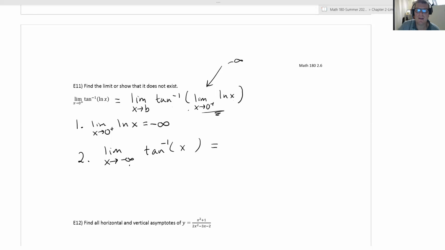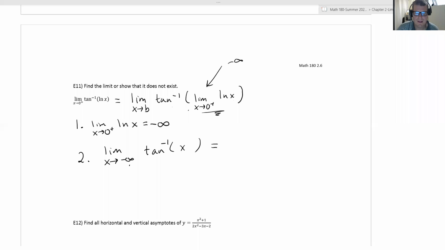Let me do the graph again. There it is. Negative pi over 2. Negative pi over 2, guys. So now it's a horizontal asymptote.